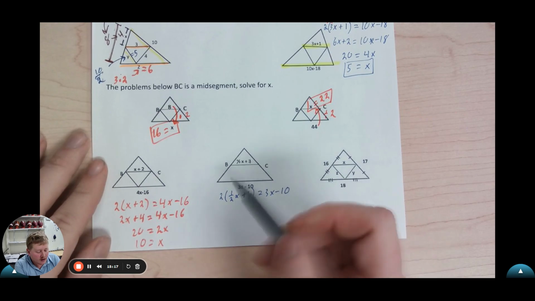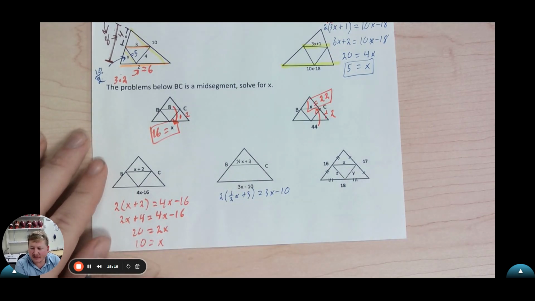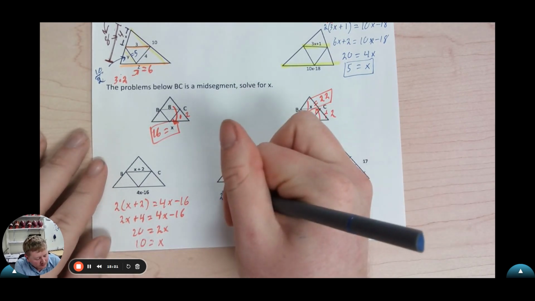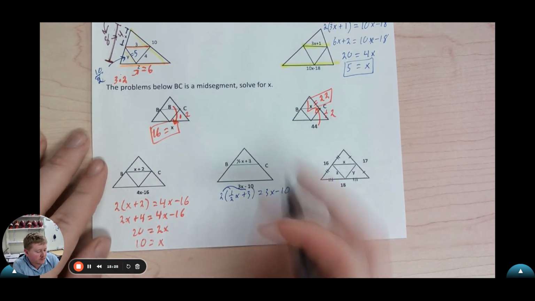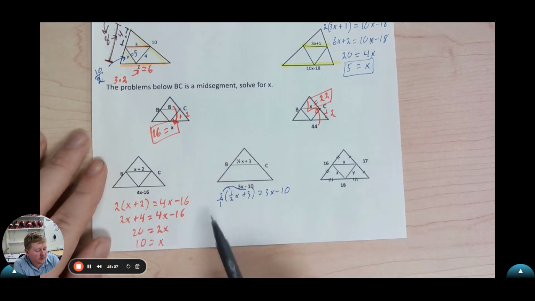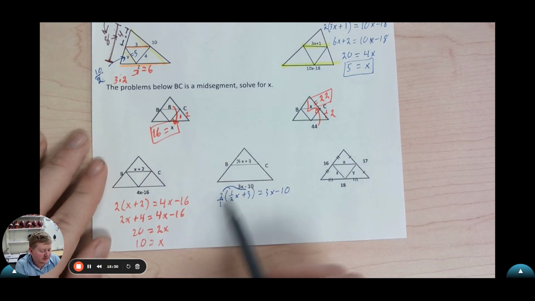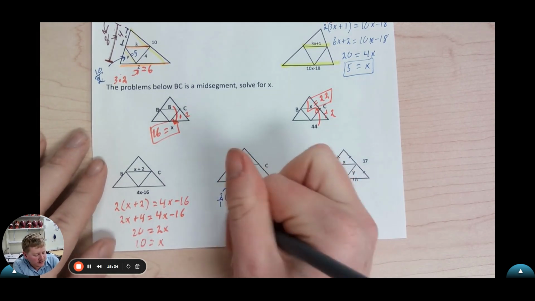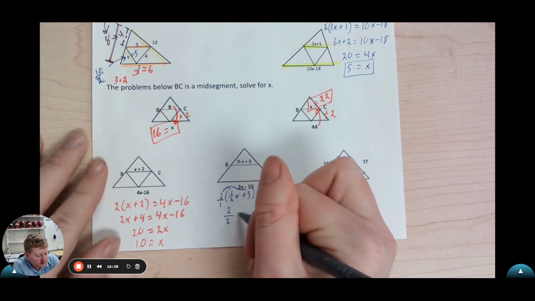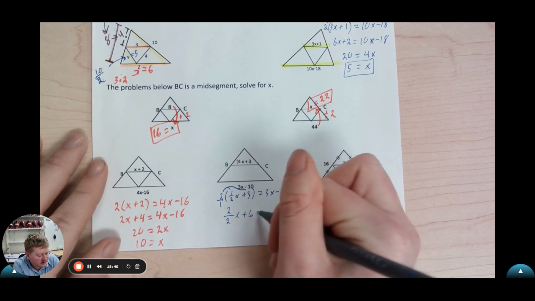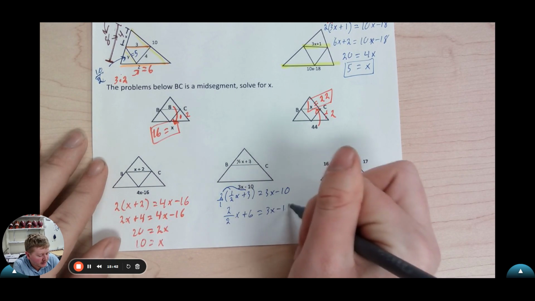Okay. Now, we are going to distribute this 2 to everything. So, to here as well as to there. And guys, if you don't remember, when we multiply fractions, top to top, bottom to bottom, right? So, 2 times 1, that's going to give me 2. 1 times 2, that's going to give me 2. x plus 6 is equal to 3x minus 10.